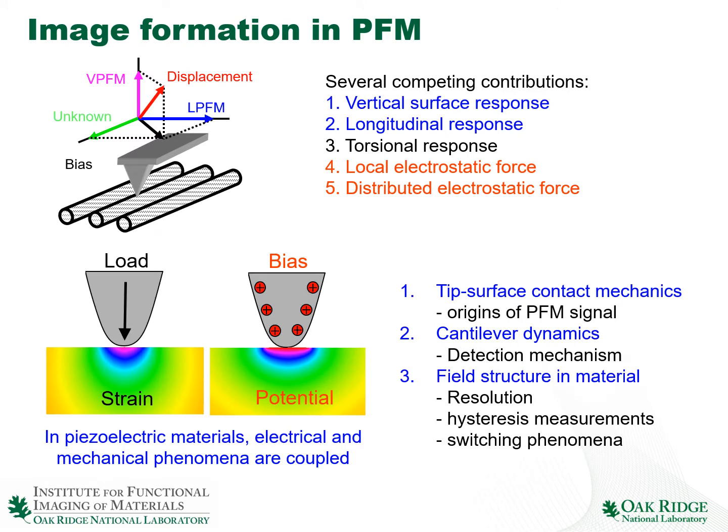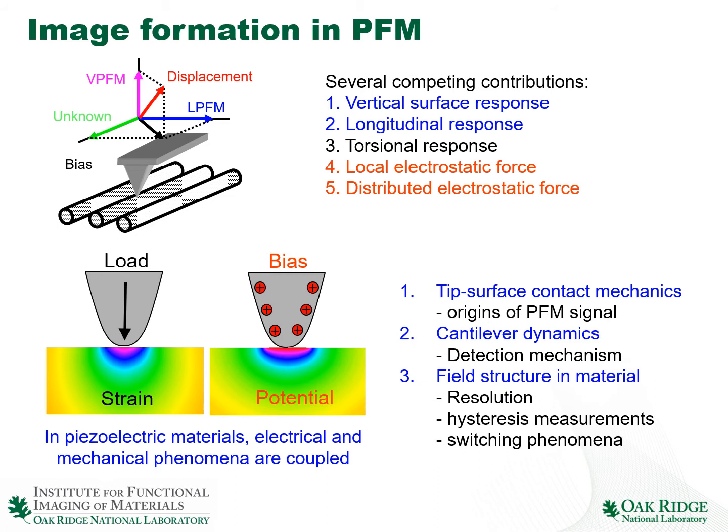Second component is that we need to consider the lateral displacement. So in this case, we have to take into account the vertical surface response, longitudinal response, sort of along the cantilever axis, the torsional response, electrostatic forces, and distributed electrostatic forces.